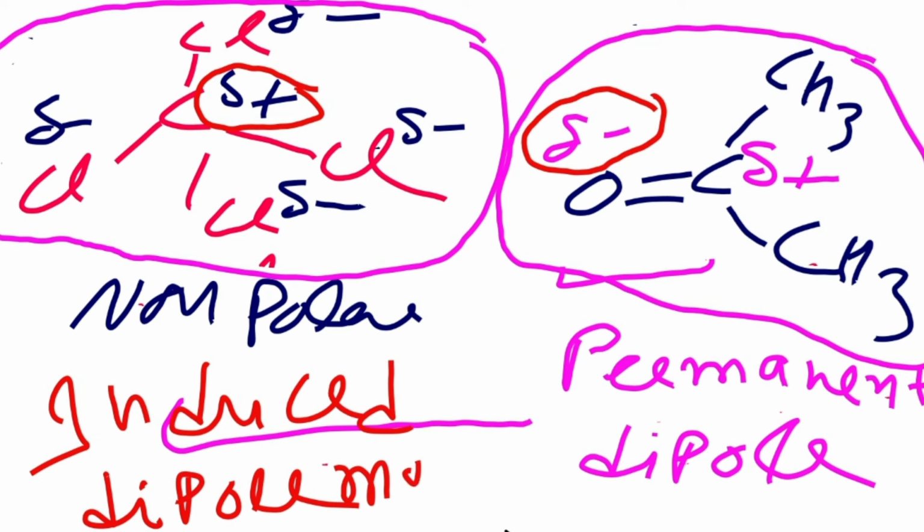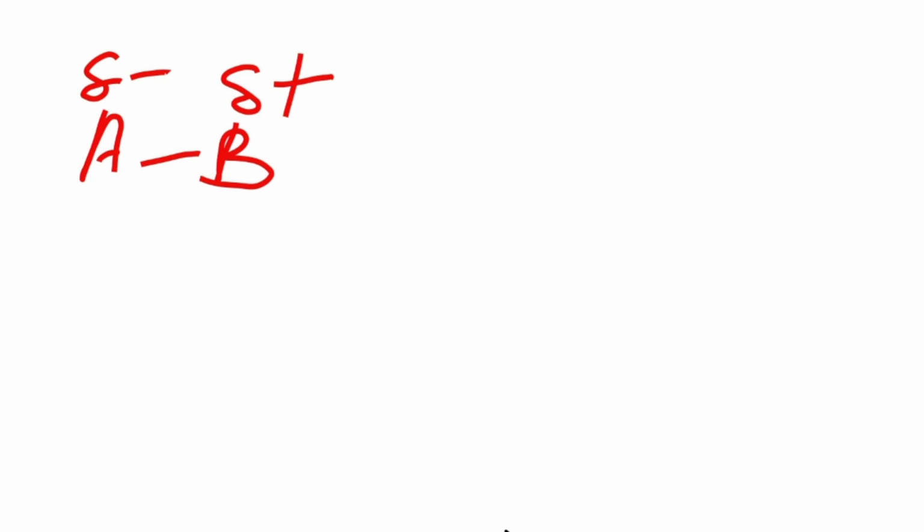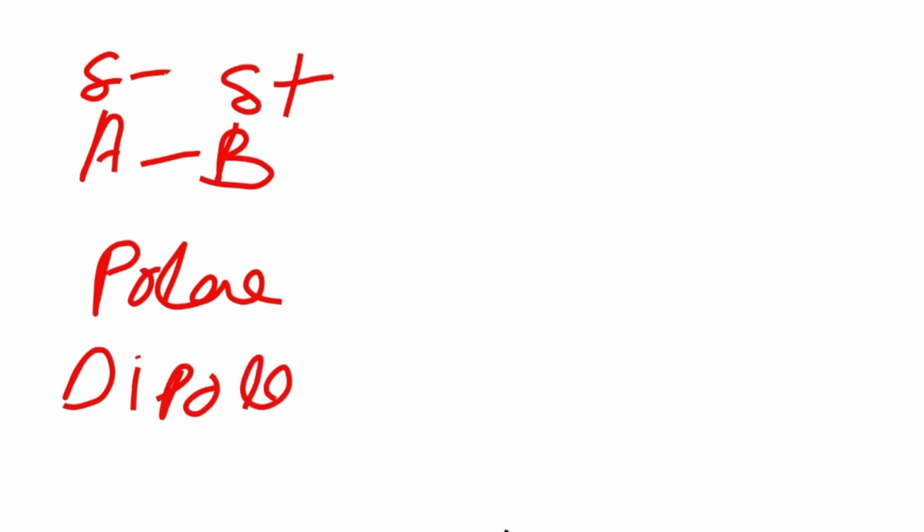Okay, we can show this one by one general example also. You can see, all of you. Let it be, this is an AB molecule, which is negative and positive. It is polar, or you can say dipole. It is having a dipole moment. Let it be, I am writing BB molecule.